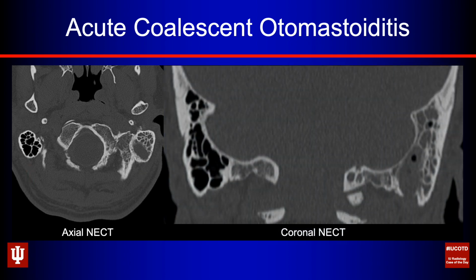Now take a look at the coronal recons. This is, again, another time where coronal recons are important because you can better assess the global extent of what's going on, and you can sort of figure out where you need to be looking for these complications. And as you can see here, we now have a trap door in the floor of the mastoid, right? It's resorbed that cortex or eroded that cortex out. Compare that to the contralateral side.